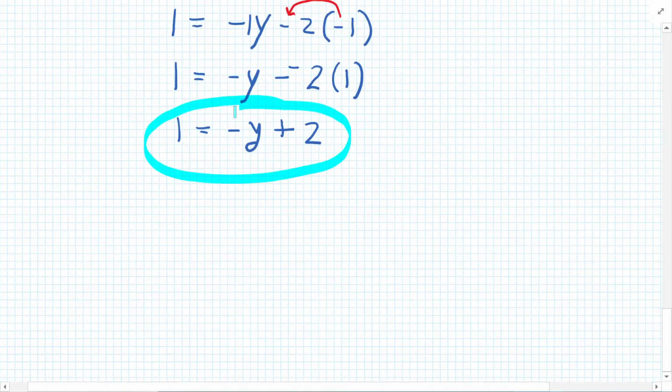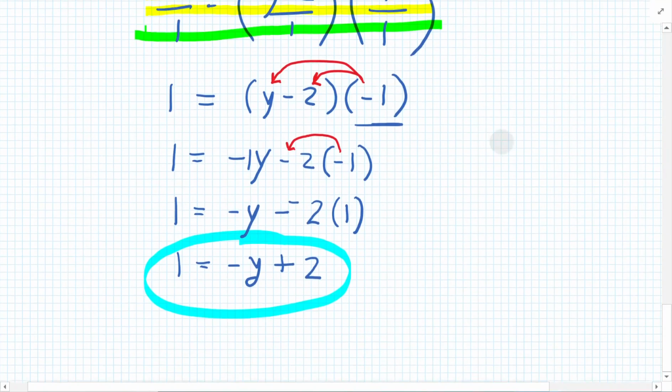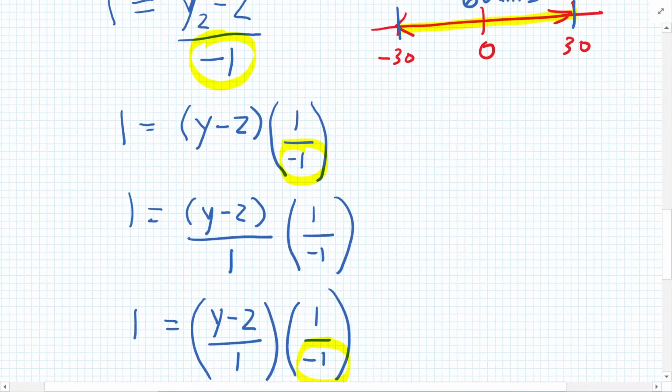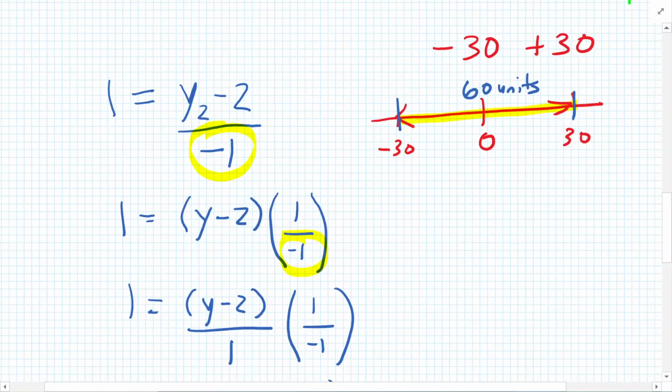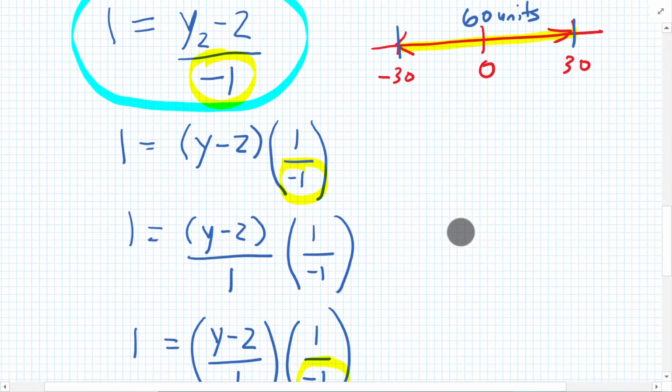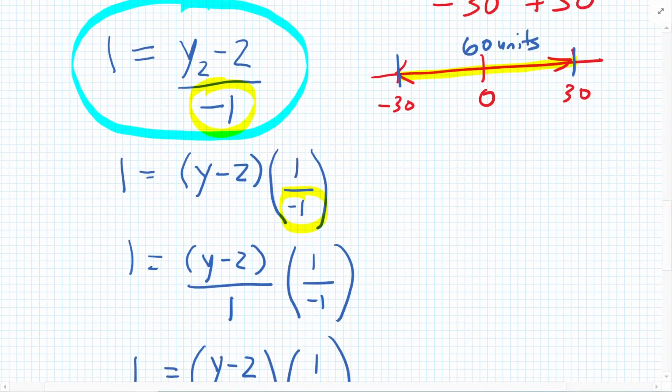So this, highlighted in blue, is the same thing as this. Okay? Shall we look at it another way? I think that would be beneficial.